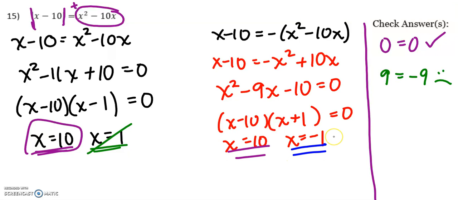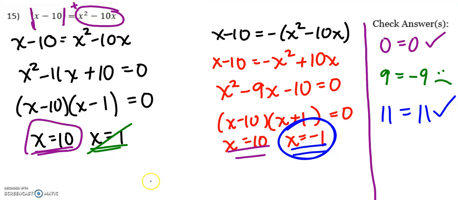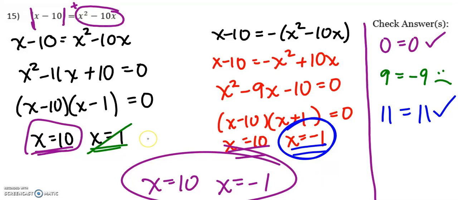This one, x equals -1, -1 minus 10 is -11, absolute value is 11. -1 squared is 1, minus a -10 becomes positive, 11 equals 11, that one works. So we end up with two answers, x equals 10, x equals -1.